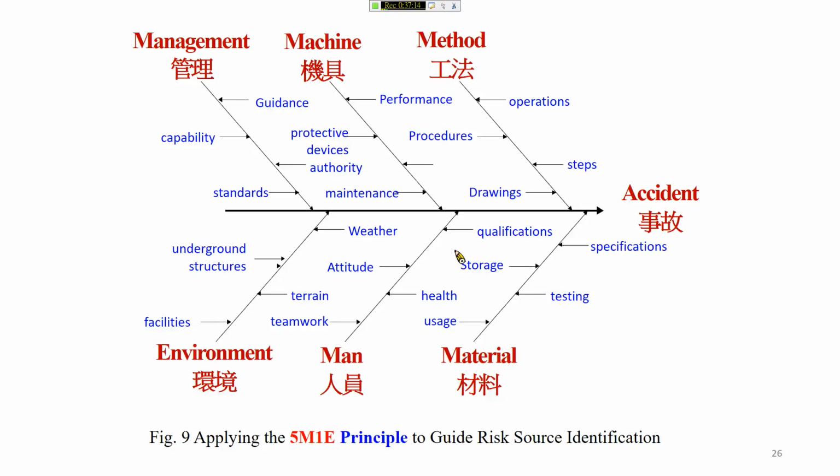You have to ask yourself what method will be associated with this risk, what equipment will be used, what materials are involved, what men have to perform this work, and what management regulation or requirement are related. And finally, what environmental factors will affect or trigger the hazard. Okay, this is the so-called 5M1E.